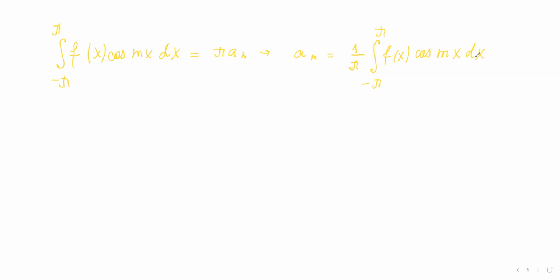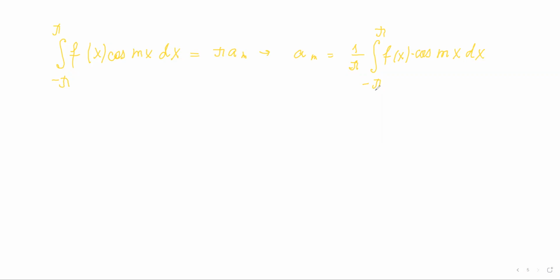So I just got the rule. To calculate the coefficient, I need to integrate my function multiplied by cosine and plug in the limits, and that's going to give me a number. Guys, I don't want to do a similar integral for sine. For sine, everything is the same. You multiply the whole expression by sine of mx.